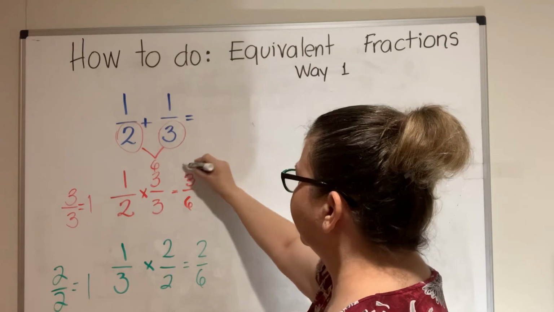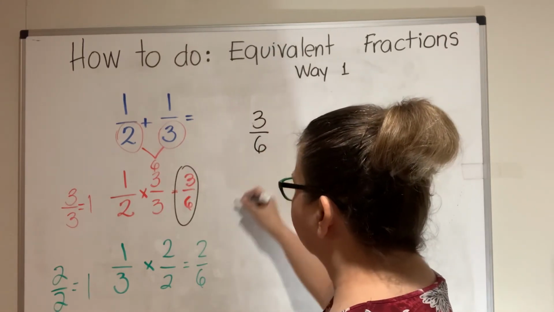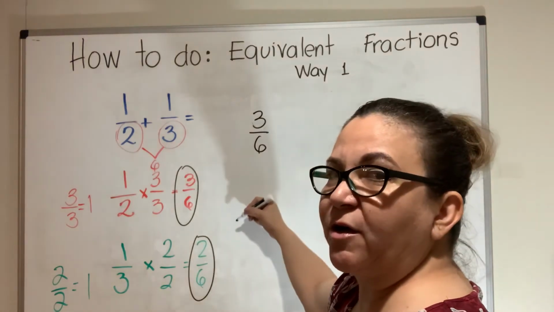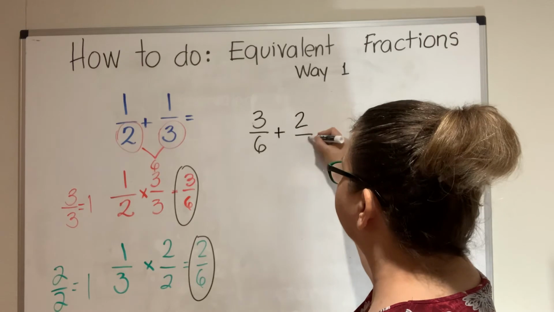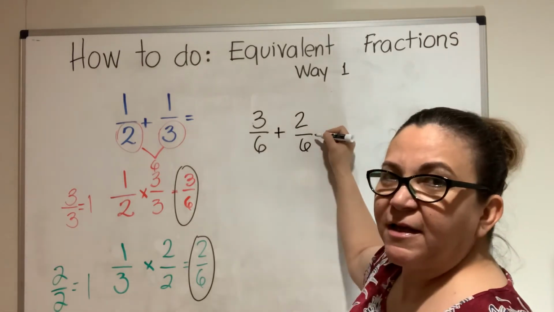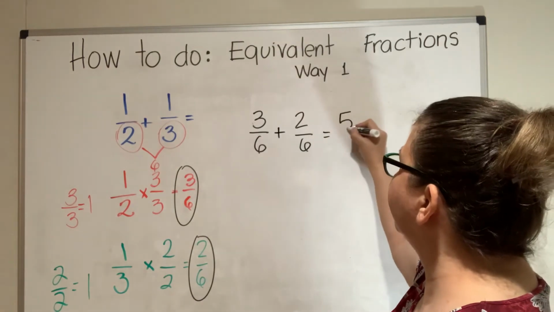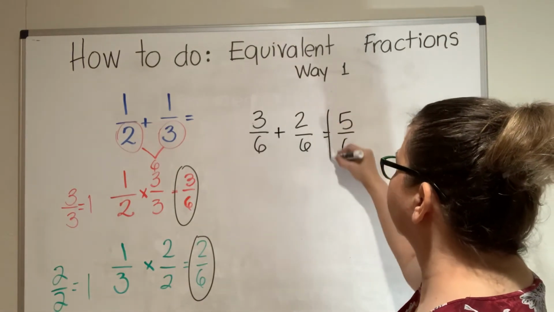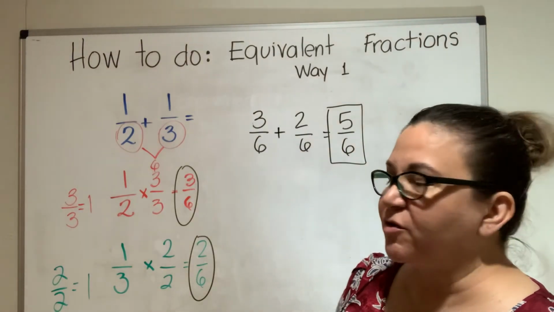I'm going to take the first one, that is 3/6, plus the second one we converted, plus 2/6, right? And this is going to give me 5/6. And in this case, that is my answer.